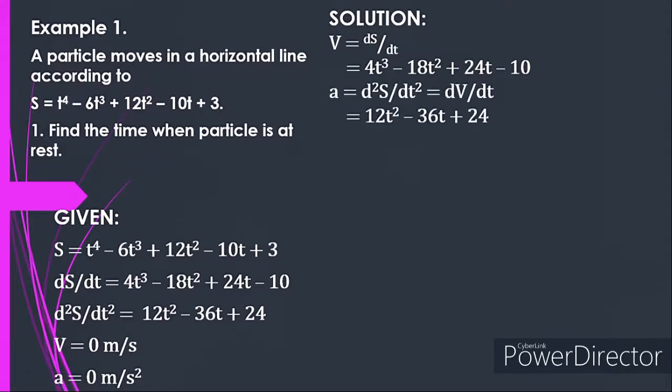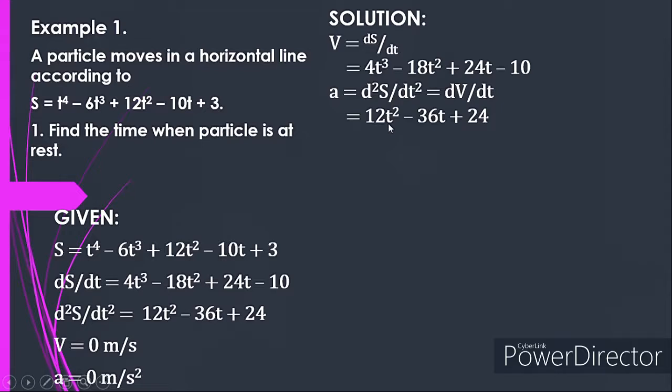Then, si acceleration natin is equal to, di ba, dv over dt. So, nung dinifferentiate natin si velocity, ang naging result natin is 12t squared minus 36t plus 24. So, si dv over dt ay equal sa d squared s over dt squared.